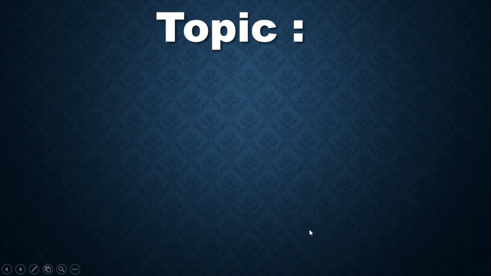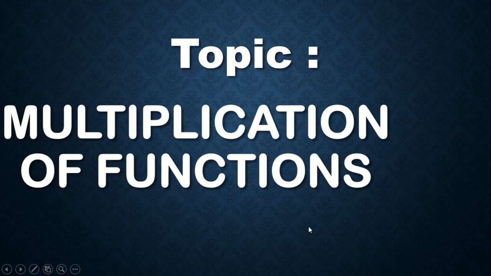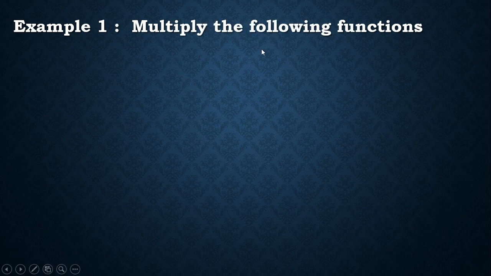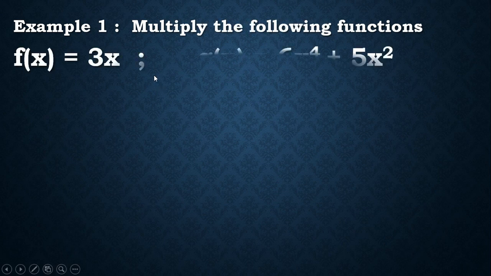Let's proceed to examples of our topic, which is the multiplication of functions. Example number 1, multiply the following functions. f of x is equal to 3x, and g of x is equal to 6x to the 4th plus 5x squared.